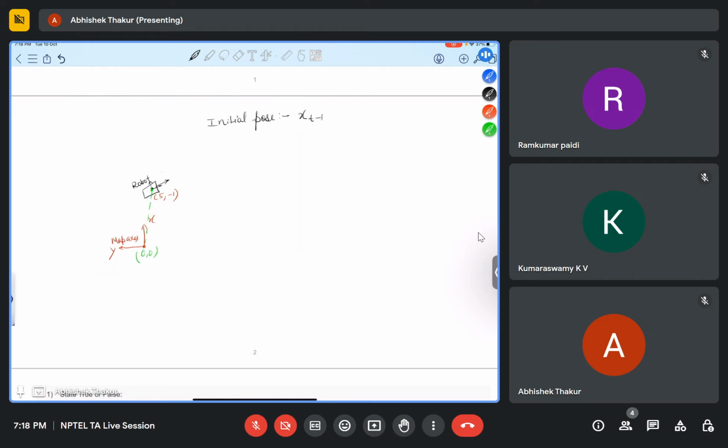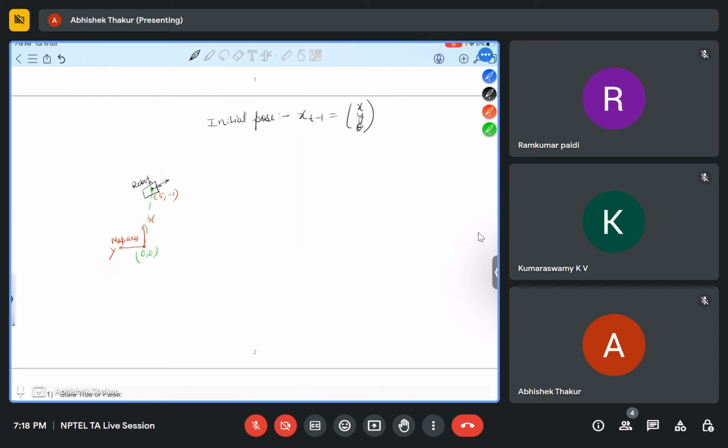Let's suppose the initial pose at time instant t minus 1 is given as x, y, and theta. It can be in three dimensions also: x, y, z, with three rotational orientations, roll, pitch, yaw. But here we are taking x, y, and the heading of the robot with respect to the map frame.